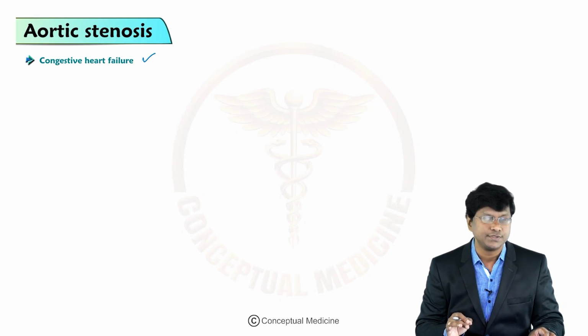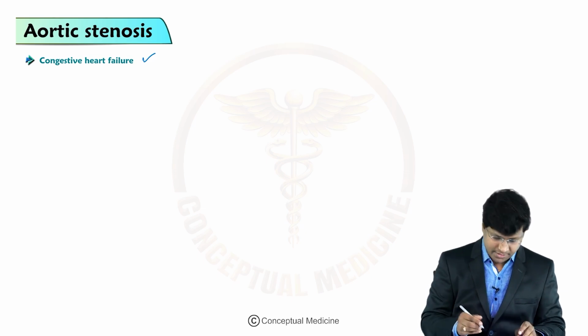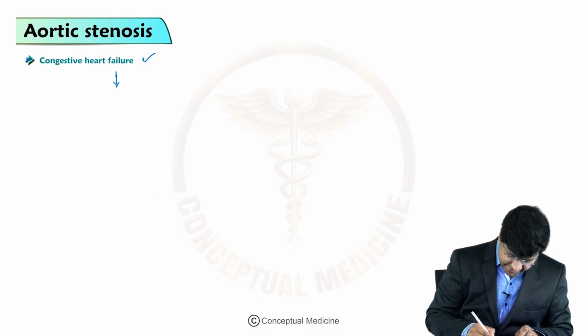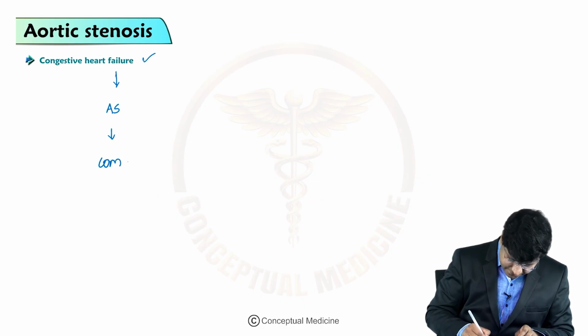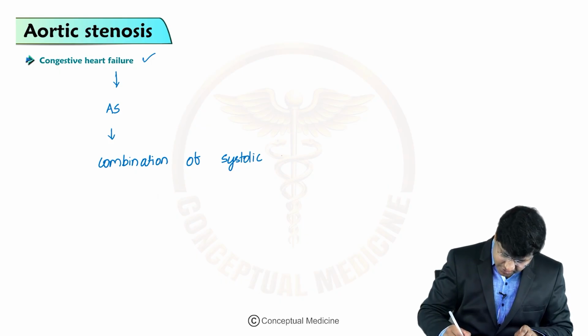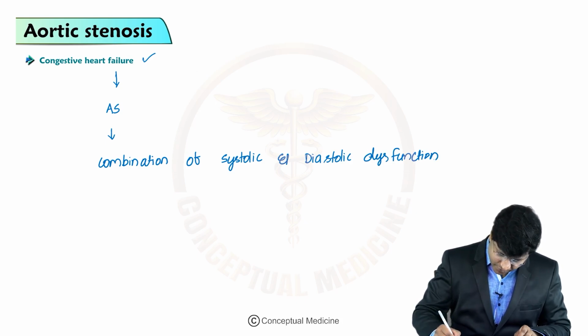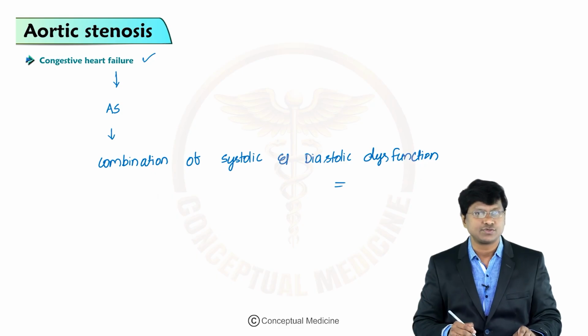Congestive heart failure in the setting of aortic stenosis is due to a combination of systolic and diastolic dysfunction. Okay, it is due to a combination of systolic and as well as diastolic dysfunction.